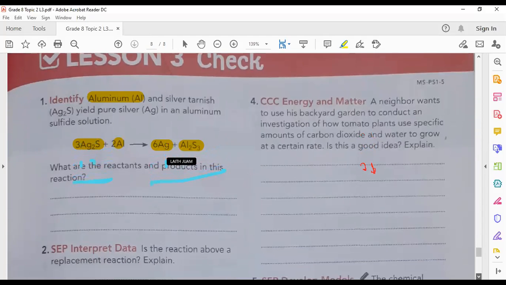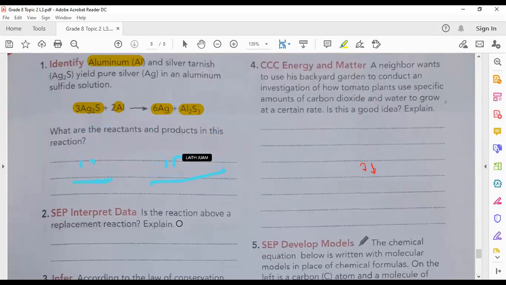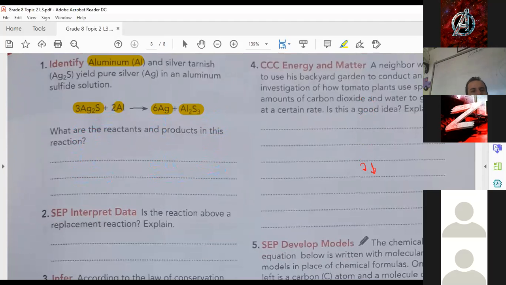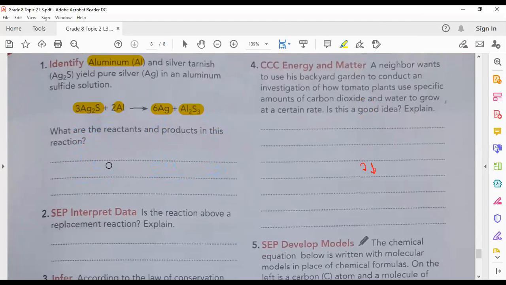The second question. No one answer. Is the reaction above a replacement reaction? Look at it carefully. Nisreen. Yes, it is a replacement reaction. How can you know?